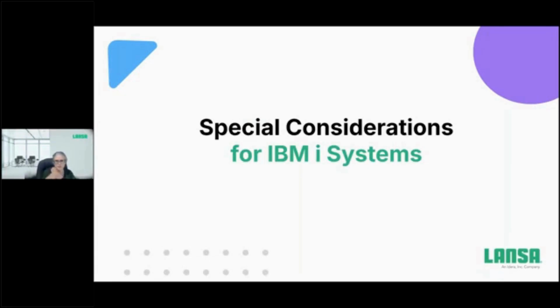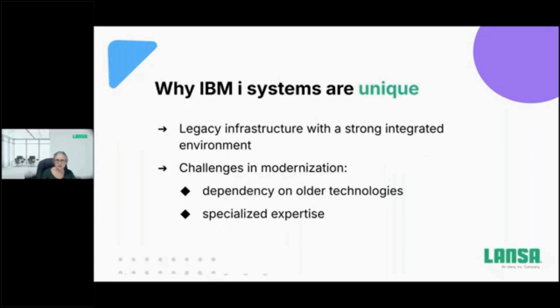And what about the IBM i? Well, sometimes the IBM i requires a little bit of extra consideration. Some say that the IBM i is legacy, and I don't really like to say the IBM i is legacy. Some of the applications on the IBM i might be legacy.